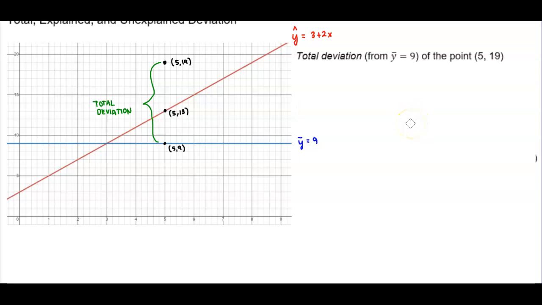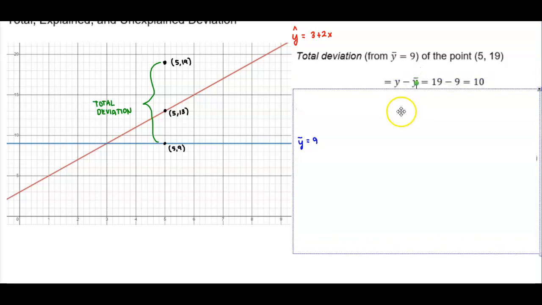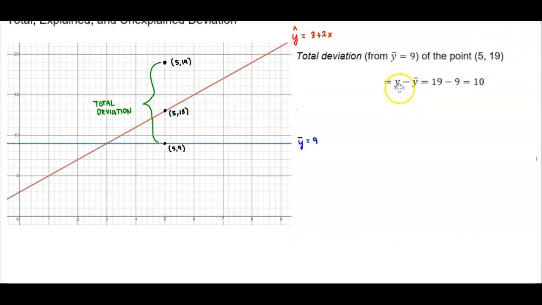To find the total deviation from the mean of the y values, which is 9, of the point (5, 19), you take the y value, which is 19, and subtract the mean of the y's. So 19 minus 9 equals 10. That means the total distance from here to here is 10.